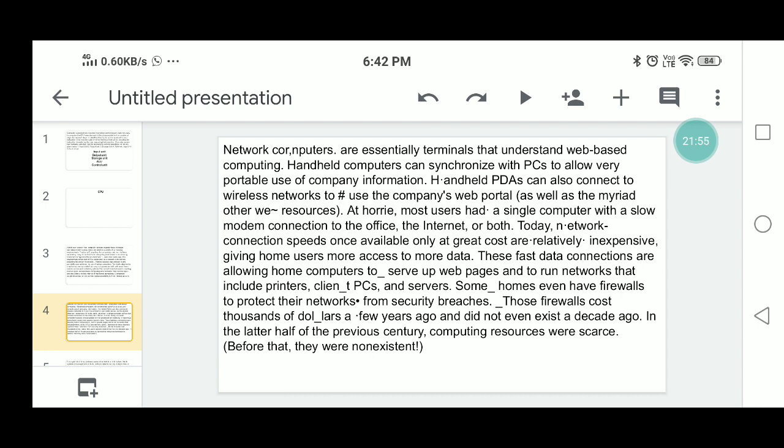Next, we have to discuss the web-based computing environment. PCs are still the most prevalent access devices, with workstations, handheld PDAs, and even cell phones also providing access. Web computing has increased the emphasis on networking.